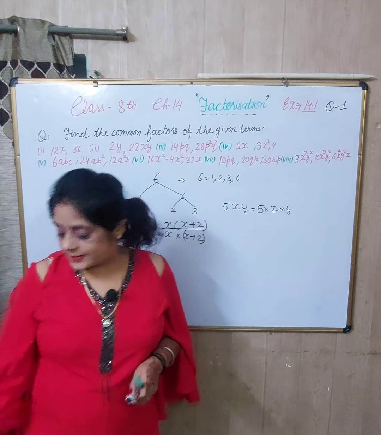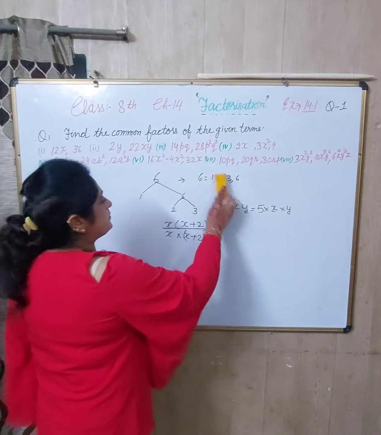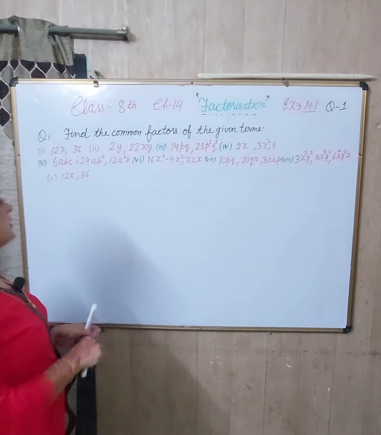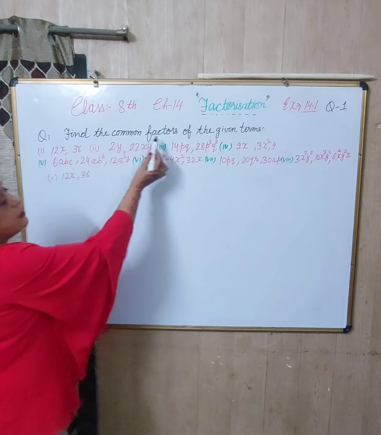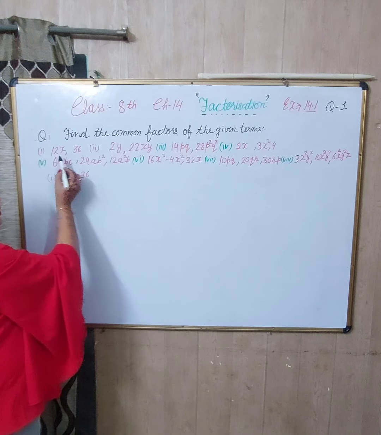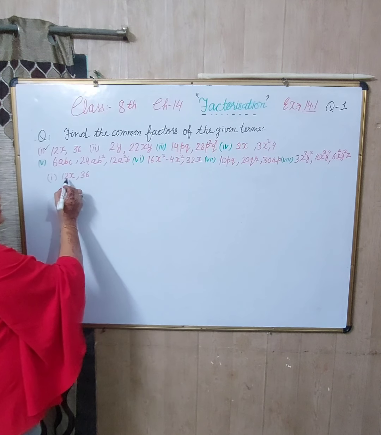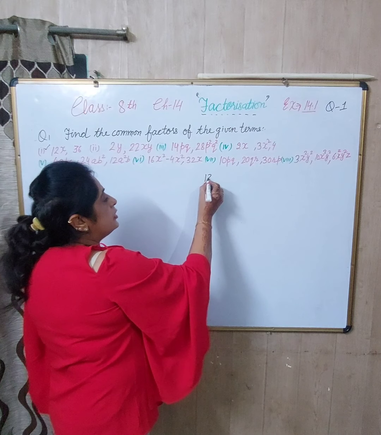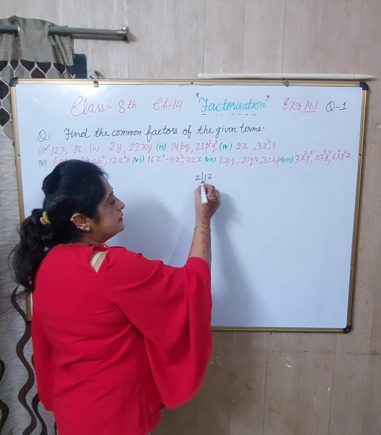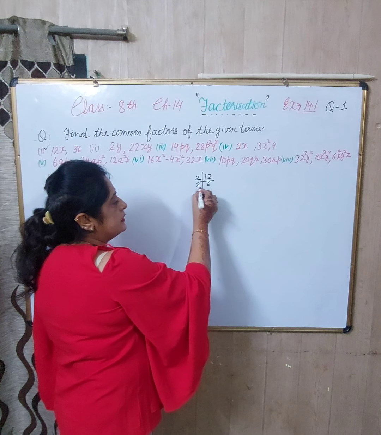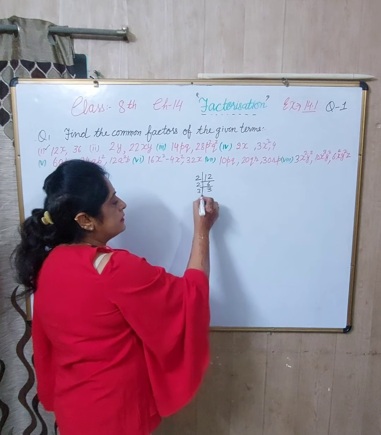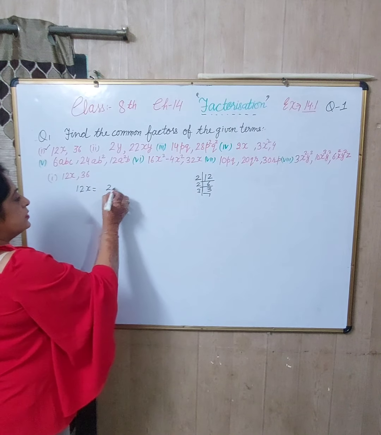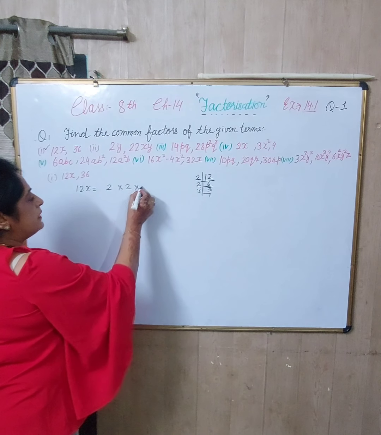Now we will start the exercise. Question 1, first part: we have to factorize, find the common factor of the given terms. We are doing this first part, 12x and 36. For 12, you make the prime factors, then again divisible by 2. 12x you can write as 2 multiply 2 and multiply 3.